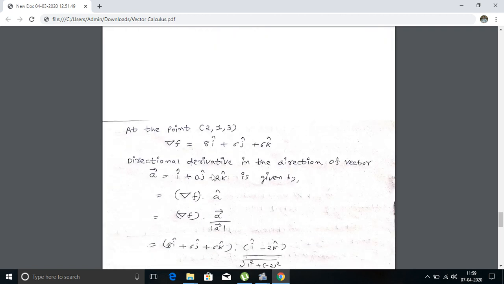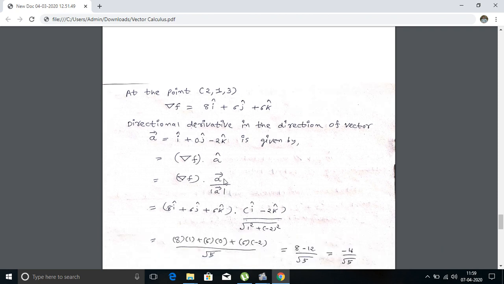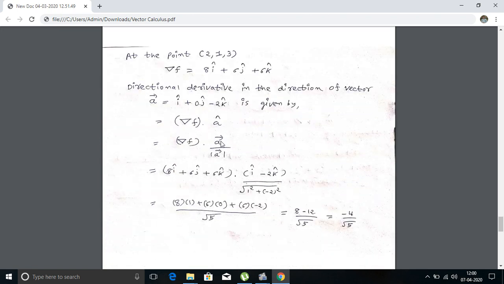The directional derivative in the direction of a vector is given by the definition grad f dot a cap. A cap is the unit vector in the given direction, so it can be expressed as the given vector divided by its magnitude. Grad f is 8i plus 6j plus 6k, dot the given vector i minus 2k divided by its magnitude, root of 1 square plus (-2) whole square.